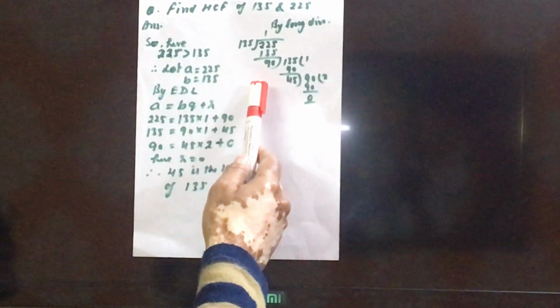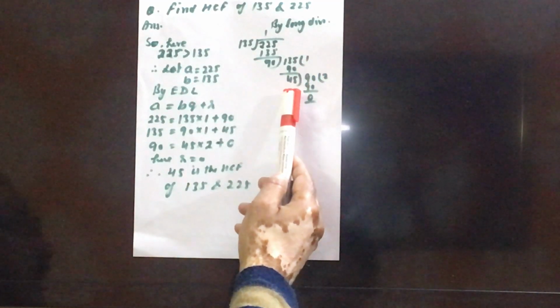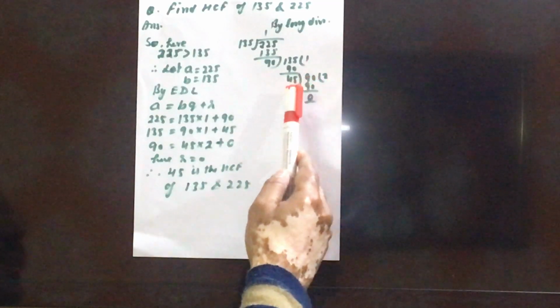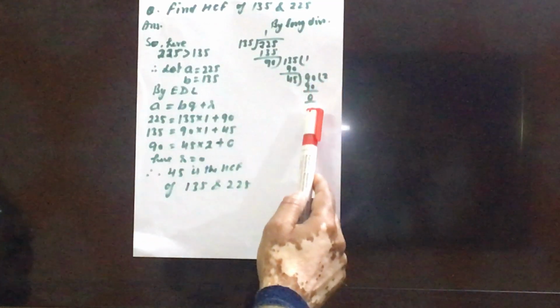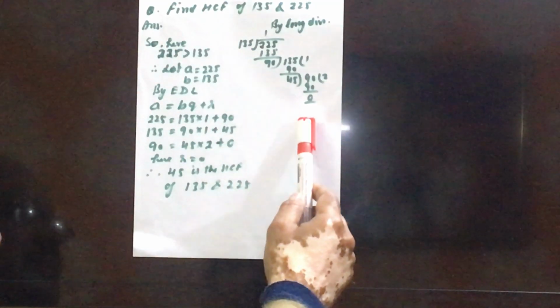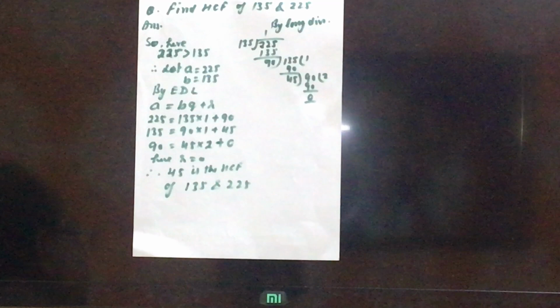Now by this remainder, we will divide the divisor 135. It will go one time and we will get the remainder 45. Now we will divide the divisor 90 by 45, so it will go two times and we will get the remainder 0. Whenever we are getting the remainder 0, that time the divisor is called the HCF of those two given numbers.